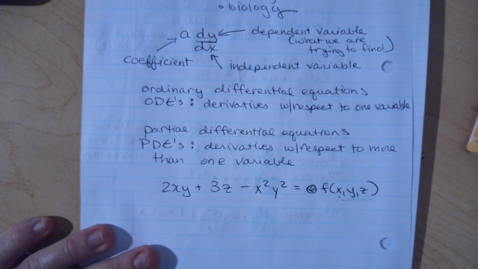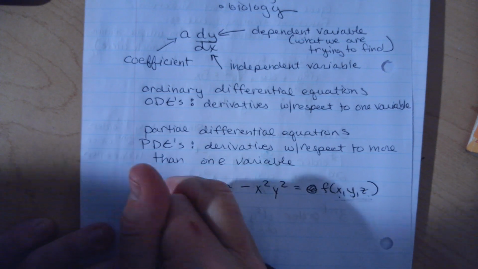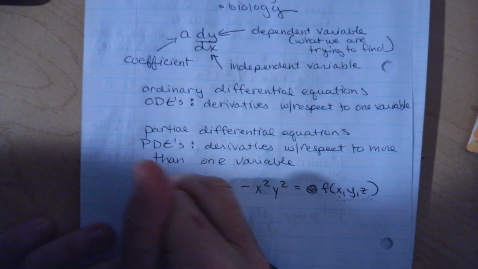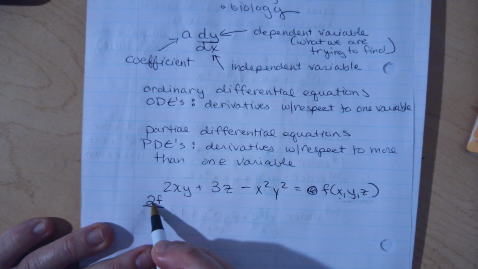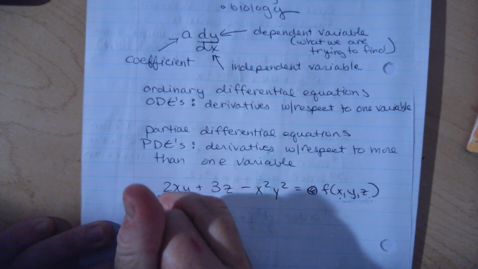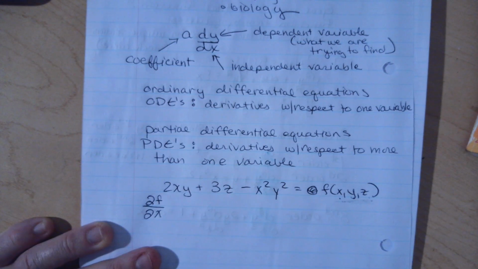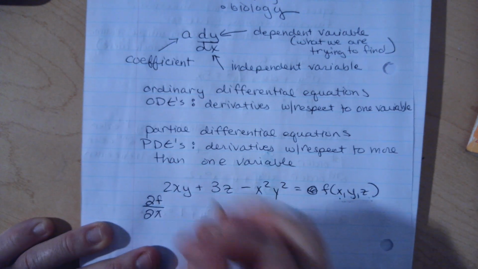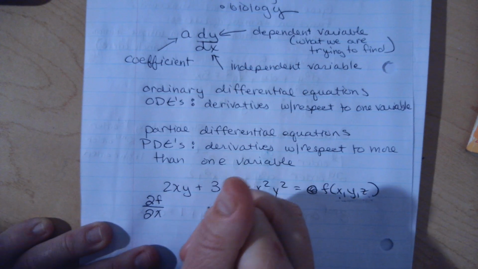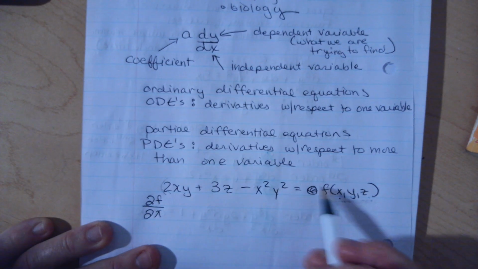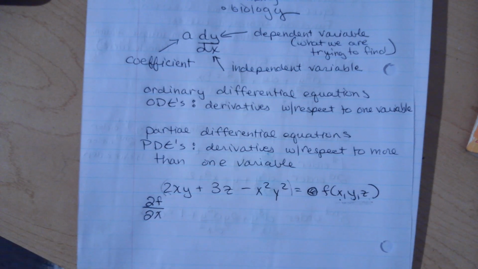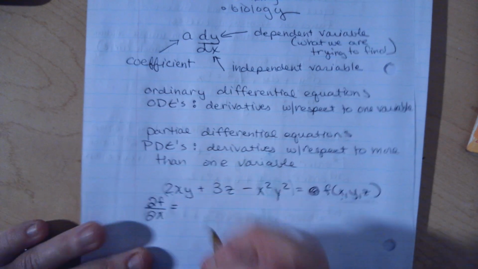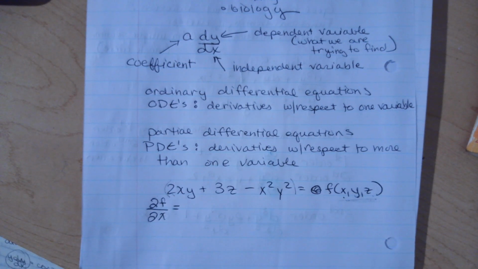That's what that means. So let's go ahead and take the partial of f, and you draw this like a 2. It's the partial of f with respect to x. Now I'm going to take the partial of this with respect to x. I'm only taking the derivative with respect to x, and I'm treating everything else as a constant.